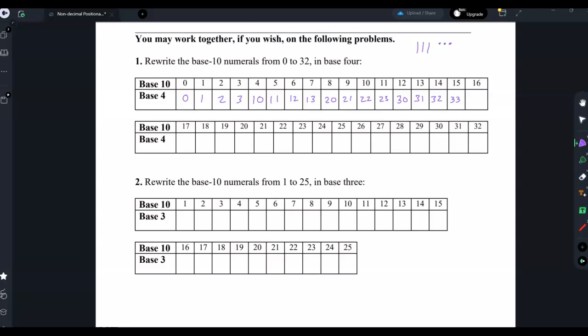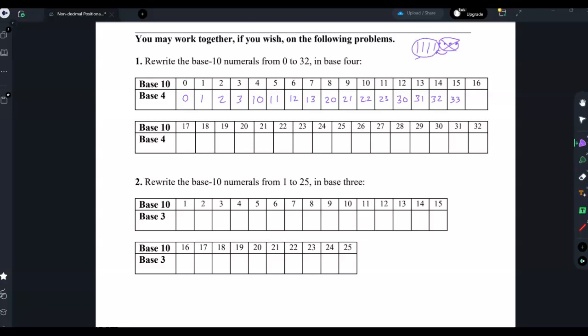If I were to add another unit to this, now all of a sudden I've got another group of 4. So that group of 4 gets regrouped as a rod. Now these are gone. I have no units left over, but now I've got 4 groups of 4. But as soon as I get 4 of something, it regroups again.